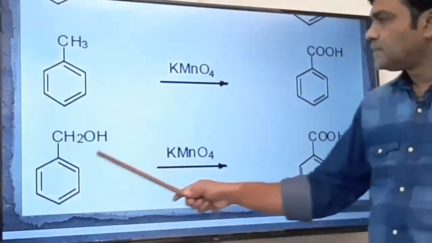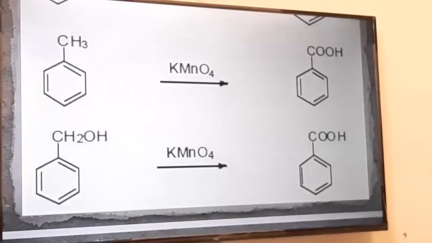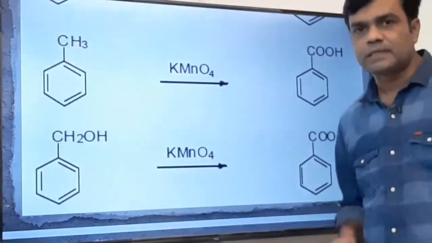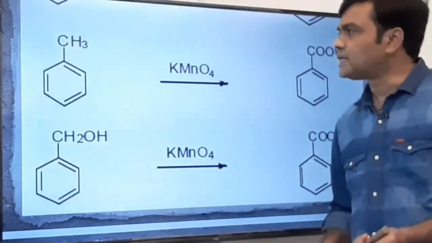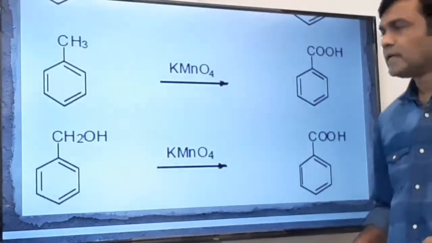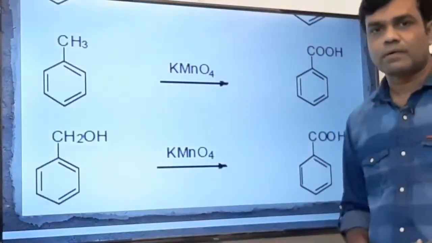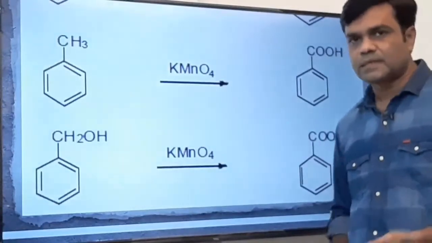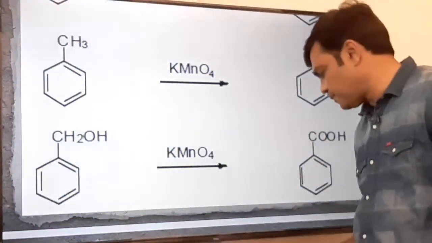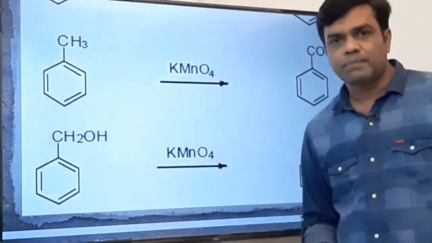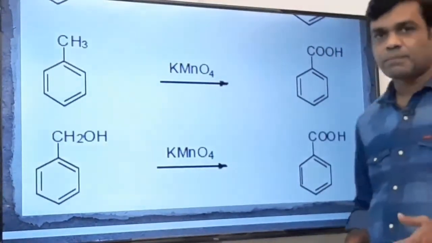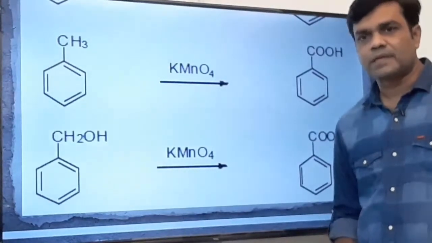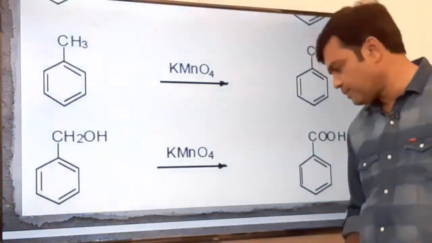See this example, it is a benzyl oxidized to benzoic acid, means what I told you here, that whatever may be the alkyl chain or whatever may be the substituent attached to the aromatic ring, that is benzene, it gets oxidized to COOH group, and the ultimate product is benzoic acid in each case. This is all about potassium permanganate, which is a powerful oxidizing agent generally used for diol formation as well as many oxidative processes.